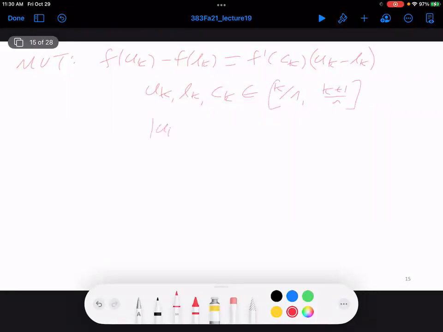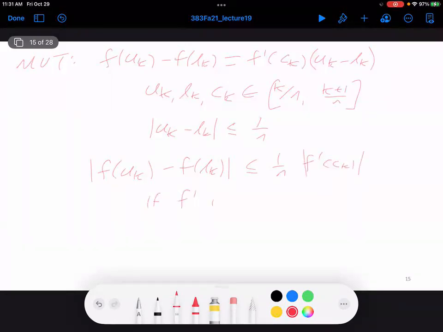So what can you tell me about the size of u_k minus l_k? How large can that be? One over n. So the absolute value of f of u_k minus f of l_k is less than or equal to 1 over n times f prime of c_k.